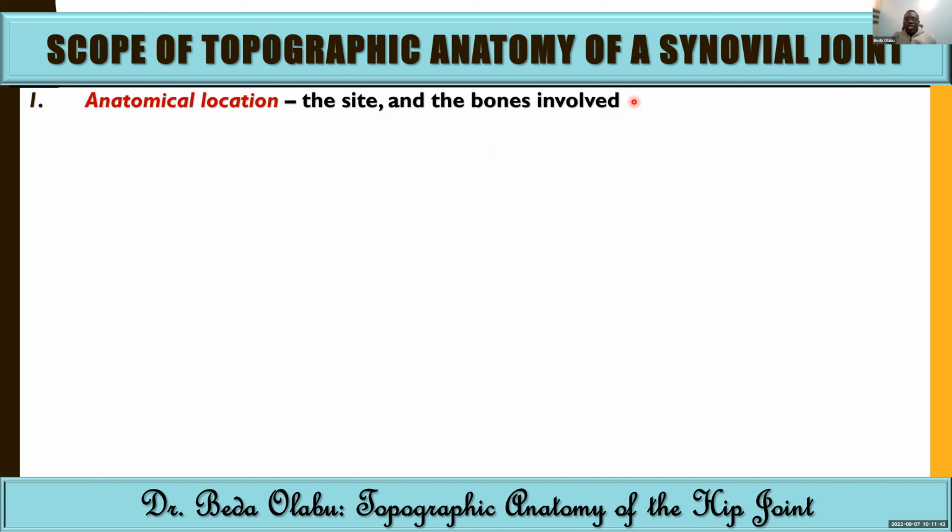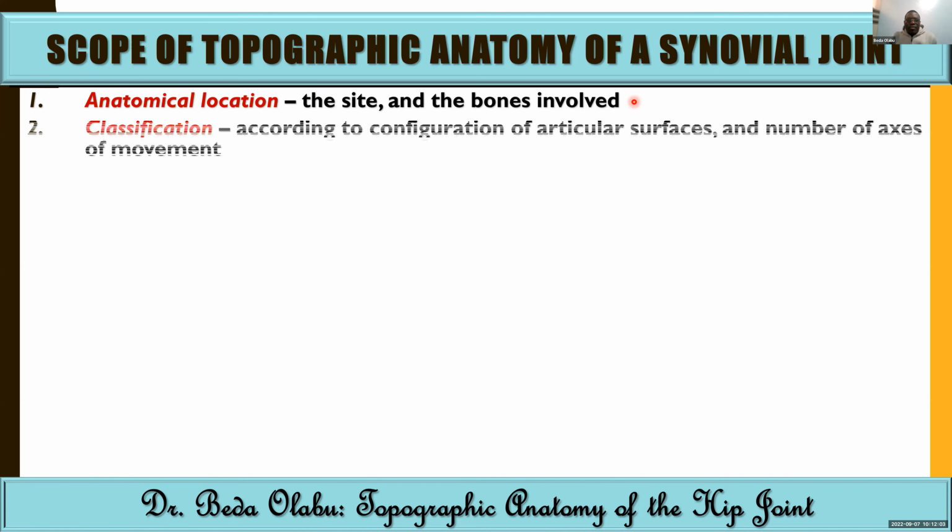So it's good to mention the site of the body. Where is it found exactly? And also, we need to know which bones actually articulate at that particular joint, and just give us the major bones. After that, we need to know the classification of that synovial joint.